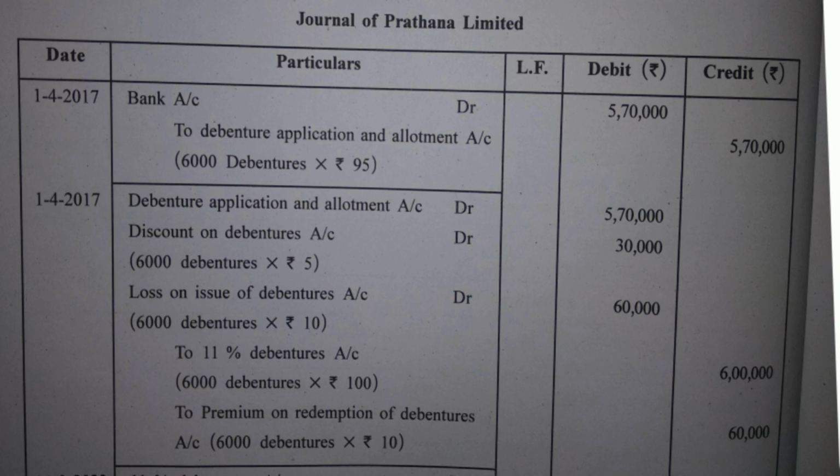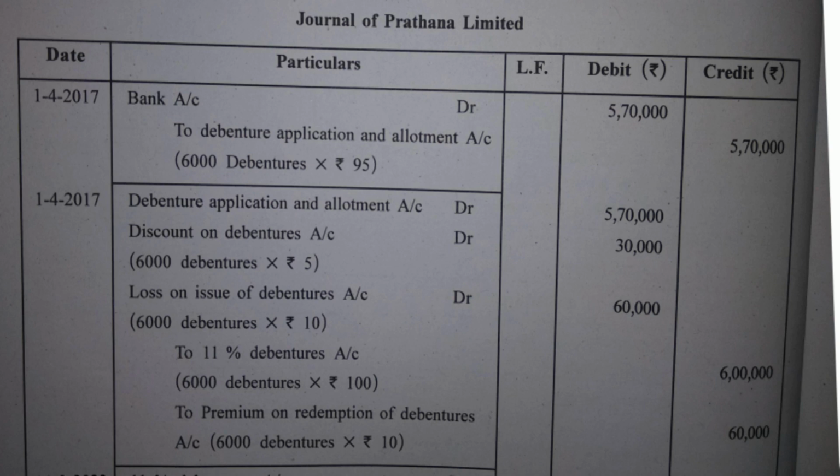So 95, that is 5,70,000 rupees. Further, the second journal entry: debenture application and allotment account debit 5,70,000. Discount on debentures account debit 30,000.